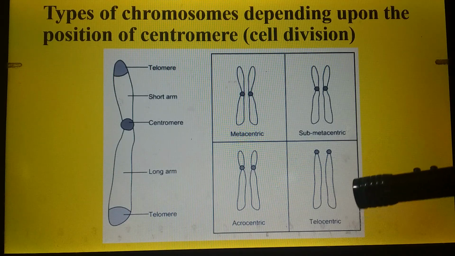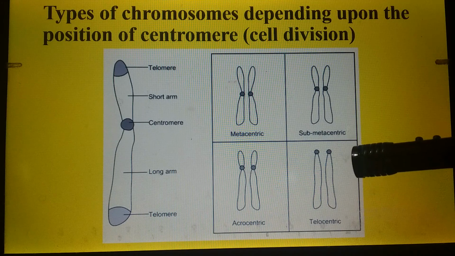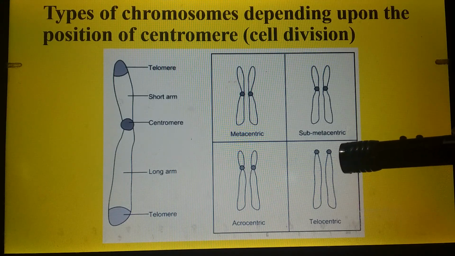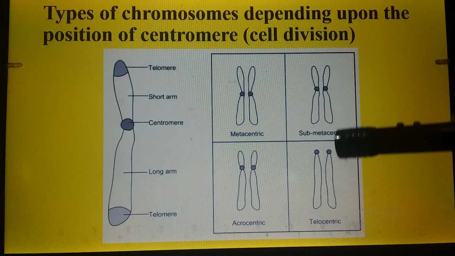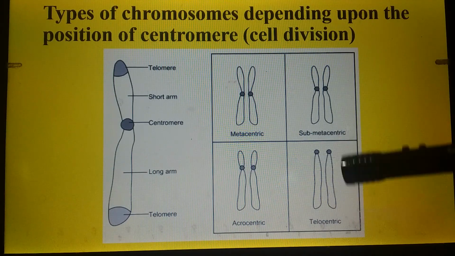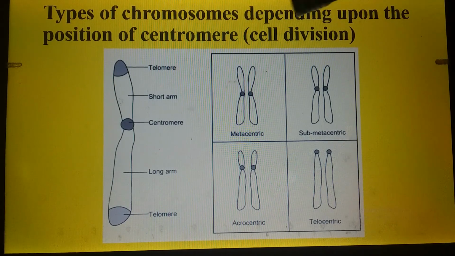This shape is observed at the telophase stage, and you can see here the centromere is present at the tip, and just one arm is present. One arm of the chromosome, one chromatid is present, as compared to the metacentric, which is present at the metaphase stage, with two complete chromatids and the central centromere.